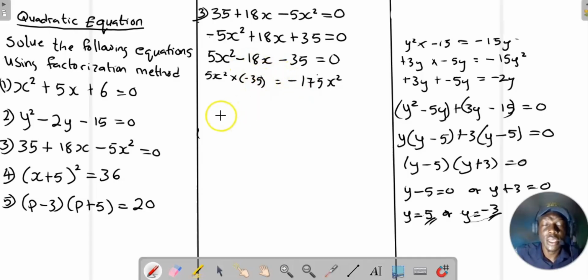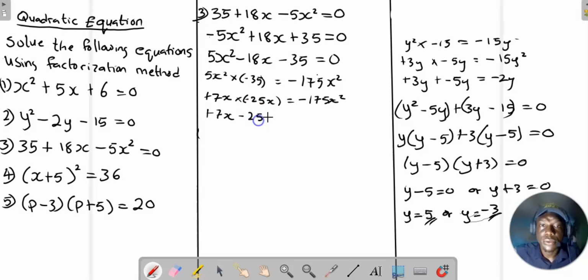Those two numbers are plus 7x and minus 25x. Plus 7x times minus 25x will give you minus 175x squared, and when you add them up, plus 7x minus 25x gives you minus 18x.